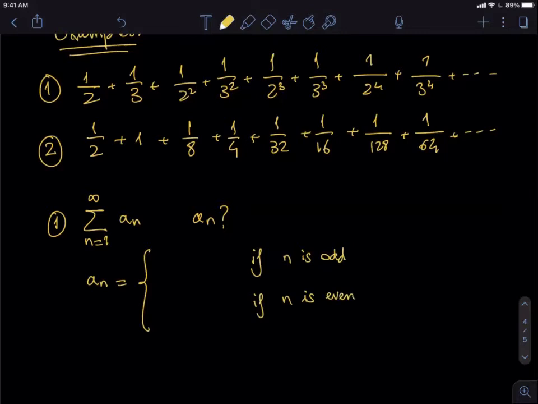even. First of all, we are writing down the general term of the series, because if we don't do this carefully, then writing down the root or the ratio tests is going to be impossible. So first things first. Now, once we have this written, if n is odd, let's look at the terms.